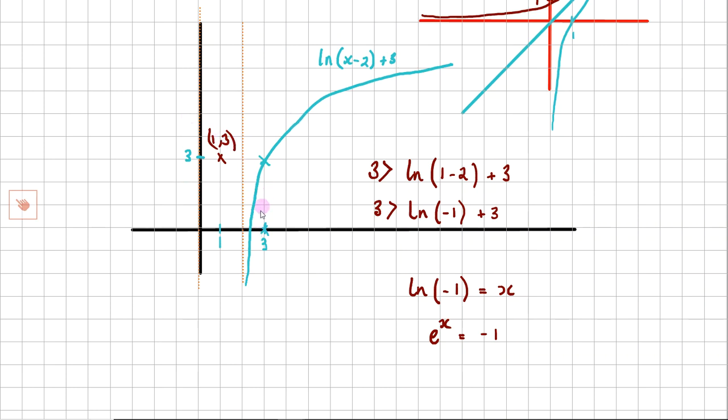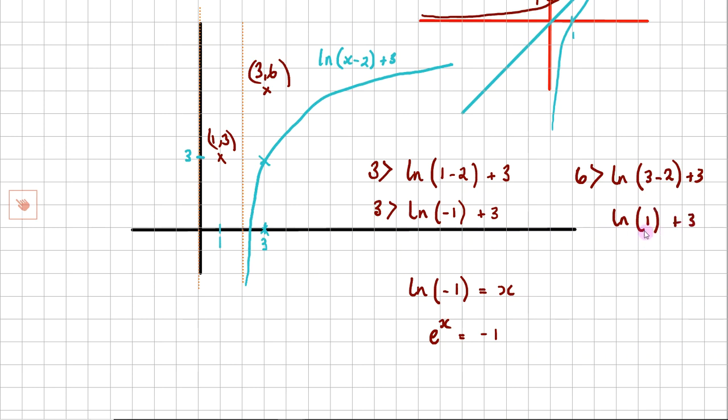Let's just check them. Let's do 3 and 6. What do we get there? So we've got 6 should be greater than the natural logarithm of 3 subtract 2, plus 3. That equals the natural logarithm of 1 plus 3.